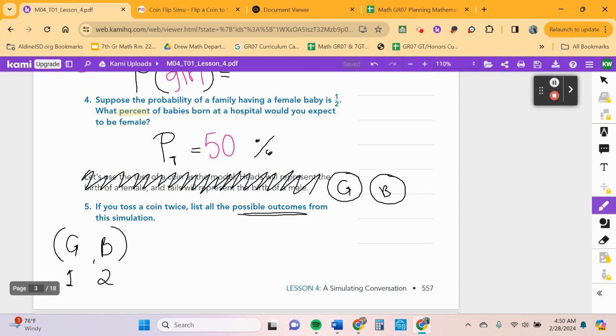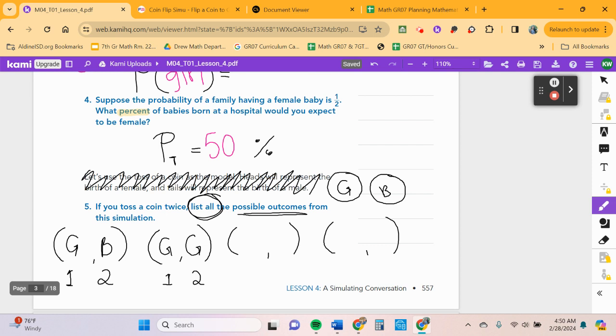But it says list all of the possible outcomes. If I were to toss a coin twice, it also could be girl, girl. My first coin flip, my second coin flip.